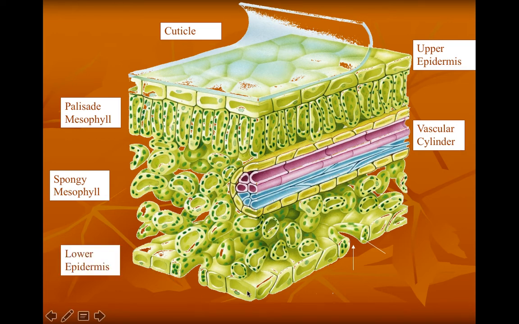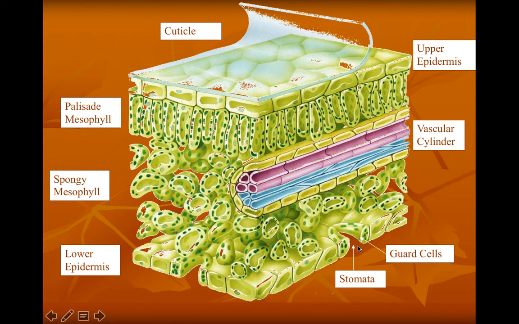Down here, this bottom layer is the lower epidermis, the underside of the leaf, also a single layer of epidermal cells. But right here and right here, you can see those openings, so that would be a stoma or stomata, either one.